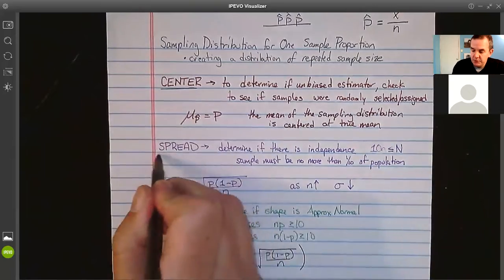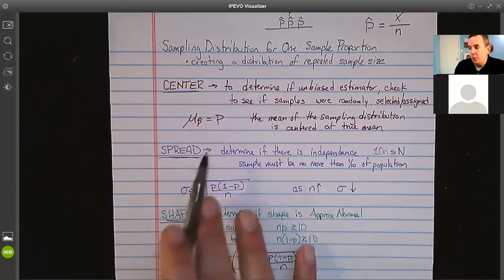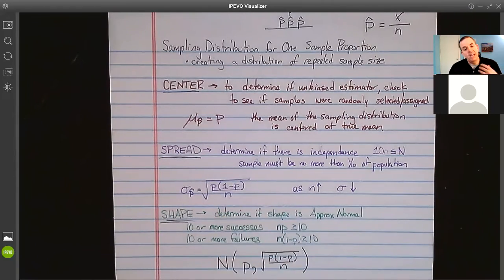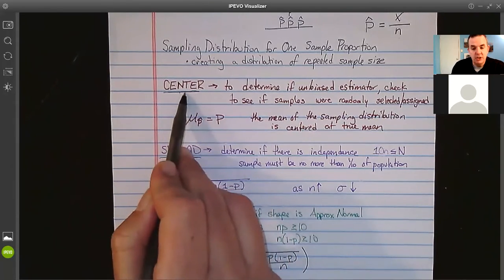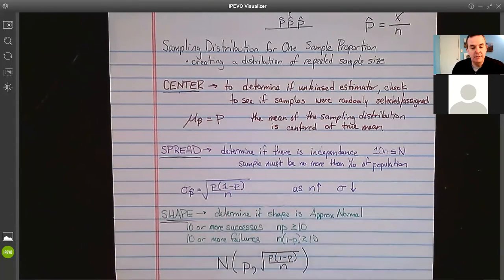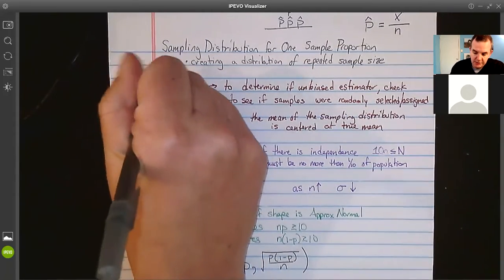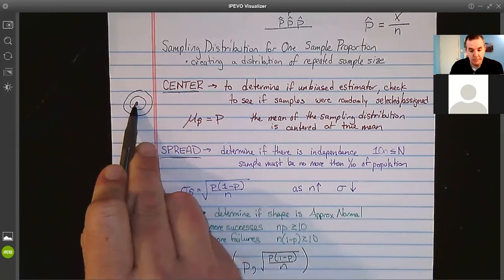The three ways we describe a distribution are the center, spread, and shape. When we deal with sampling distributions, in order to use those words, we have to do some sort of check of the process we're using. With center, we determine if something is biased or not. That was our bullseye talk, where we had a bullseye chart, and no bias means we're hitting the target in the middle.